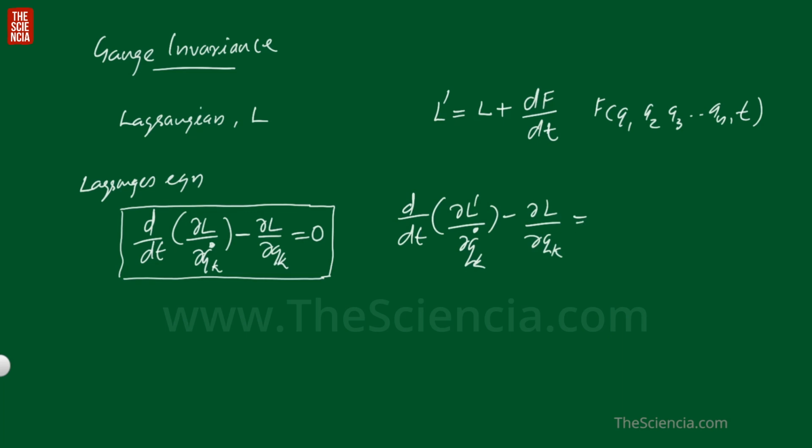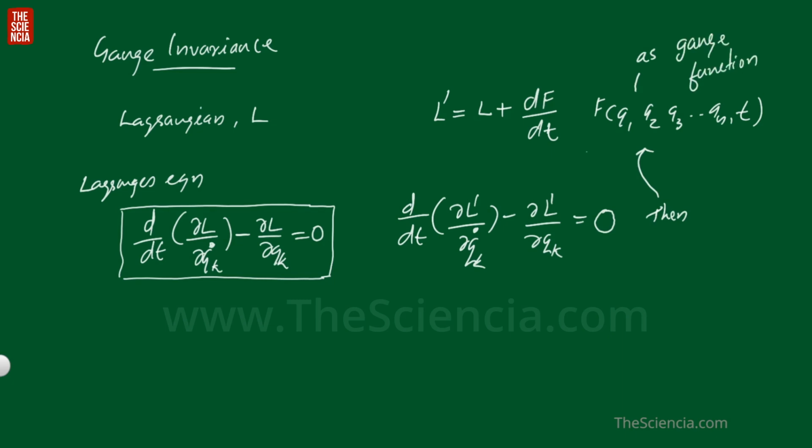When solving this problem, if we are getting this equal to 0, then we call this function the gauge function.